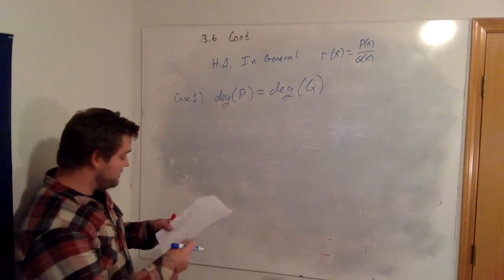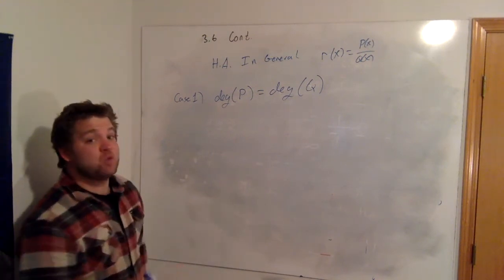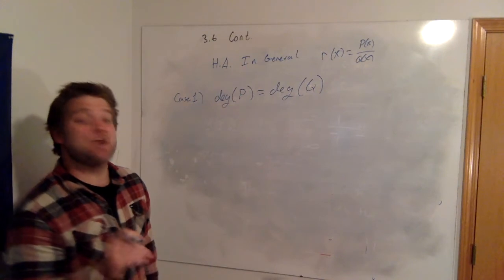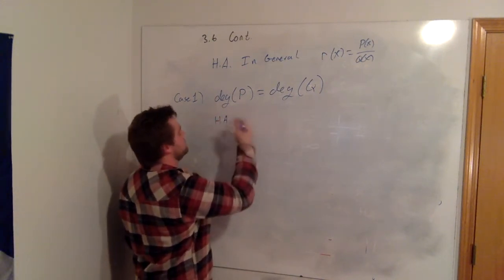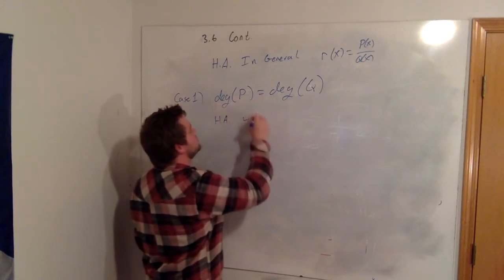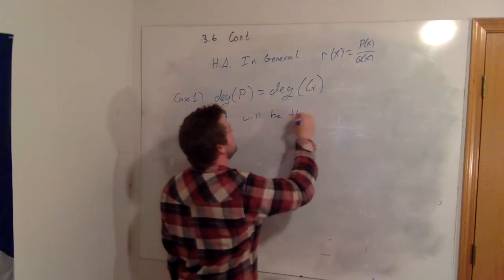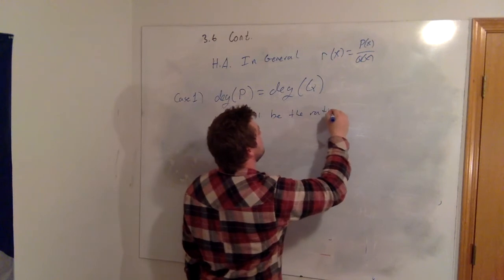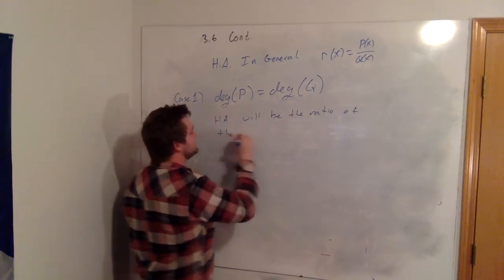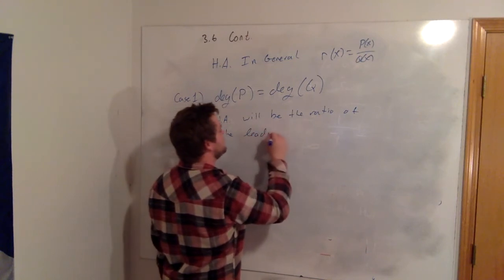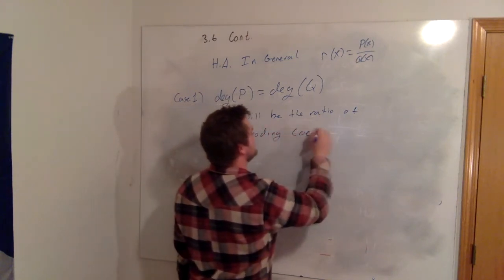So the horizontal asymptote will be the ratio of their leading coefficients. I'll show you a couple examples.